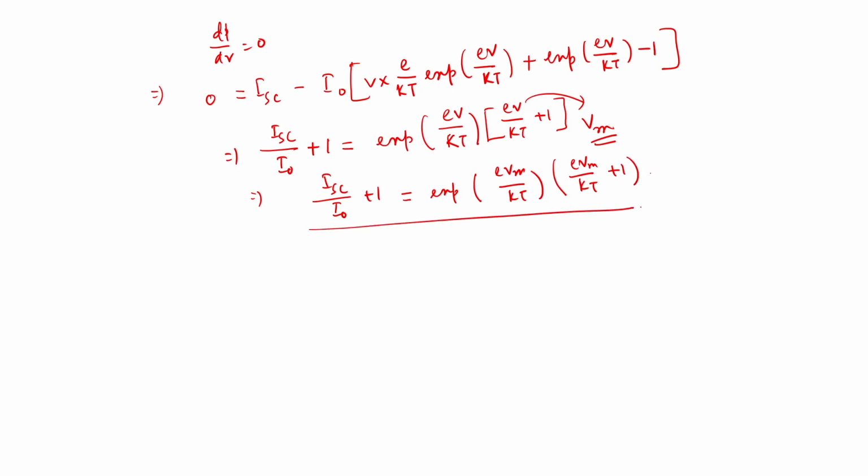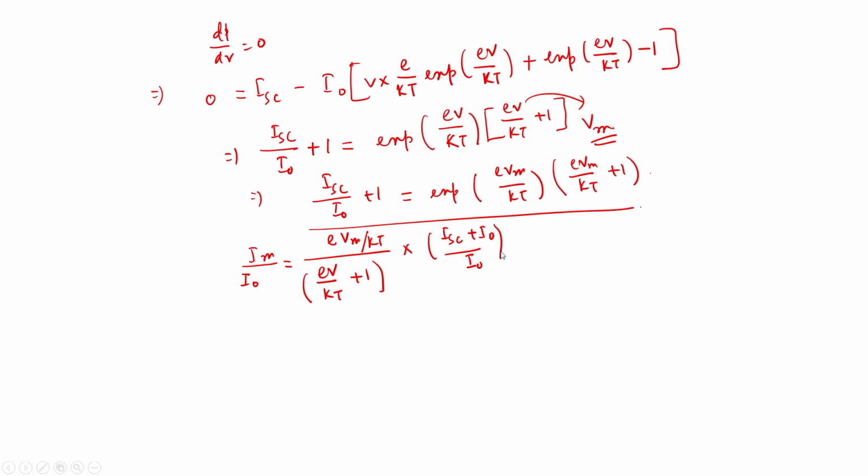Okay. We can also calculate the Im, and if we do the intermediate steps, then what we will have is Im by I naught will be something like EVm by KT, then EVm by KT plus 1, multiplied by ISC plus I naught divided by I naught.